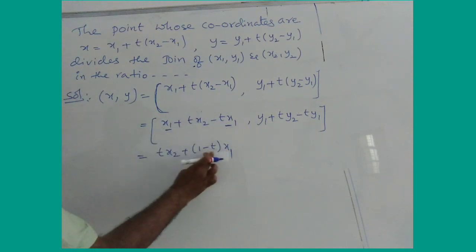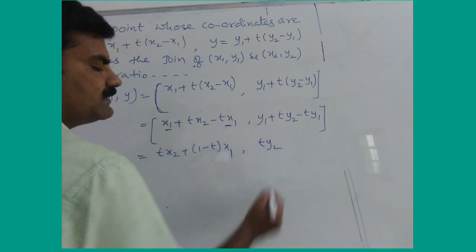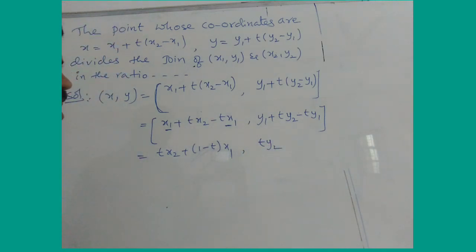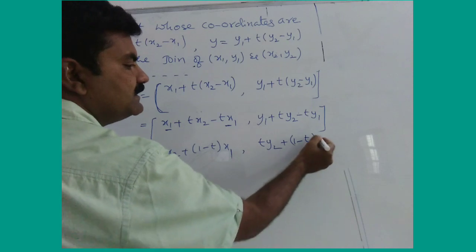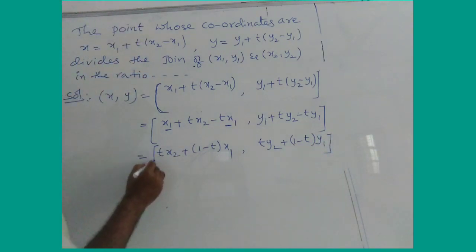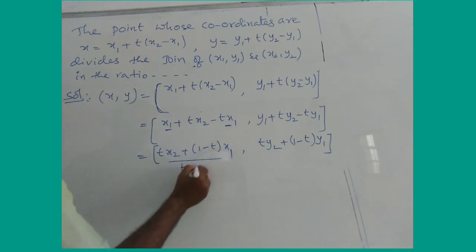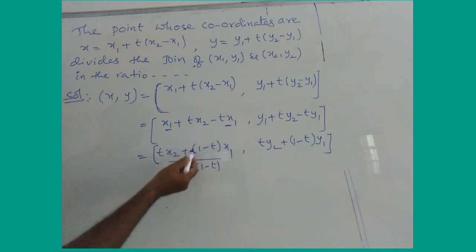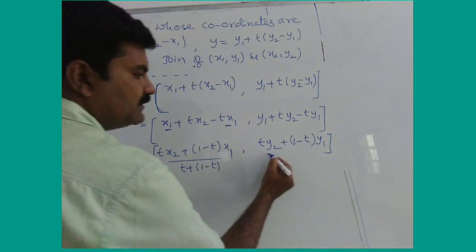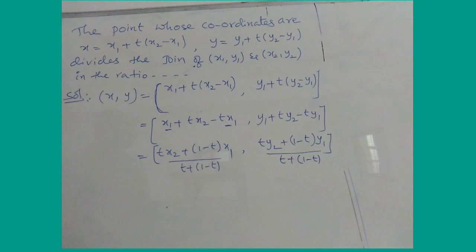In the same way, this we can write as ty2 plus 1 minus t into y1, and denominator, may I write t plus 1 minus t, because anyhow t gets cancelled, denominator is having only 1, so something by 1 is that something. Even here also the denominator can be written as t plus 1 minus t.